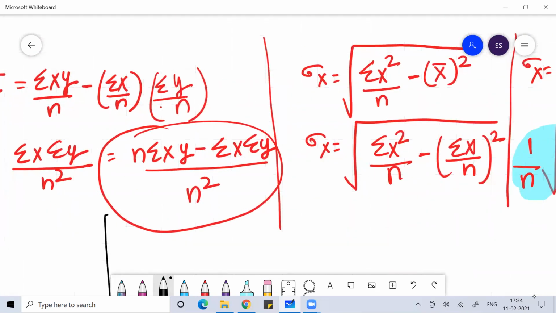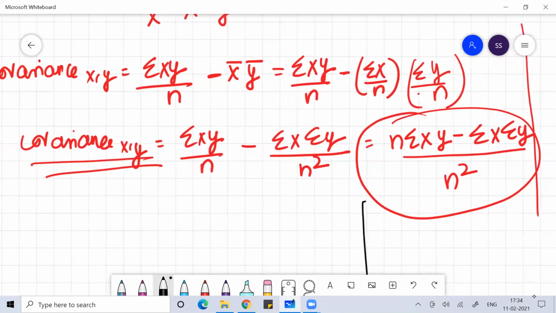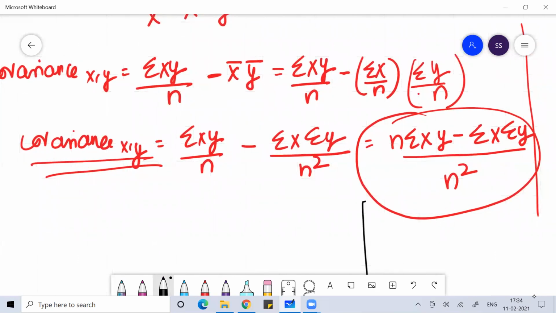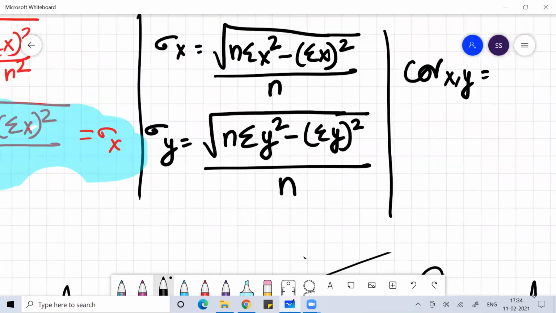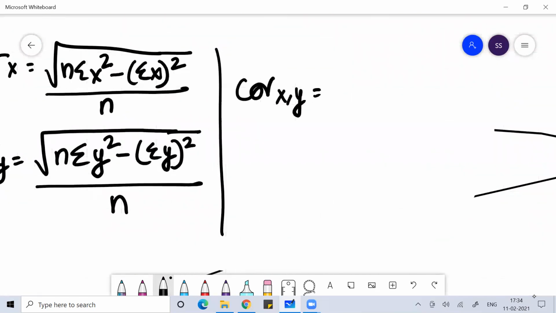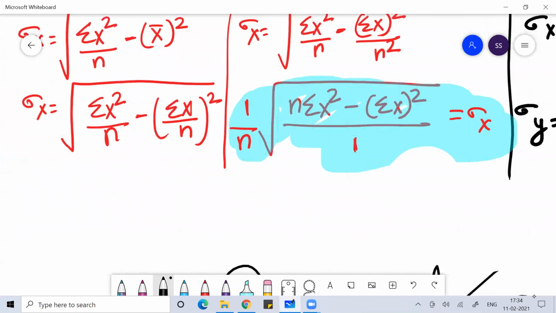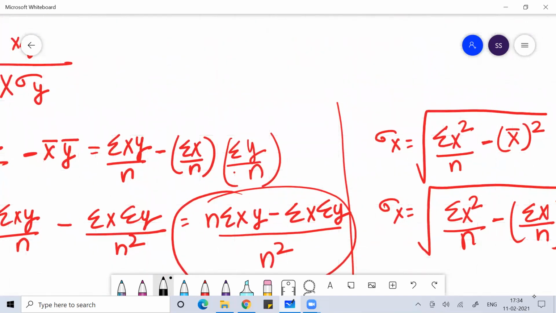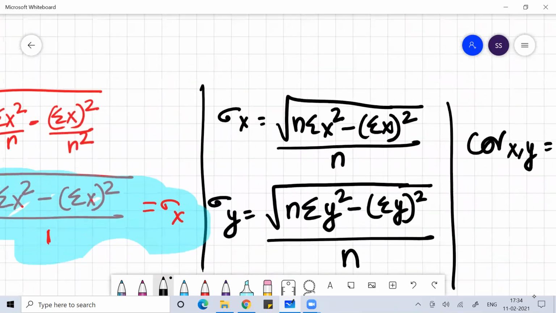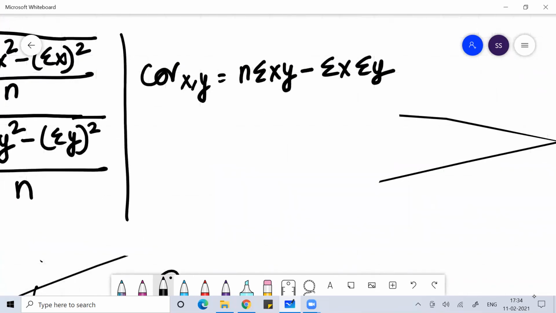This is what I derived: n summation of xy minus summation of x into summation of y, divided by n square. This I got for covariance.